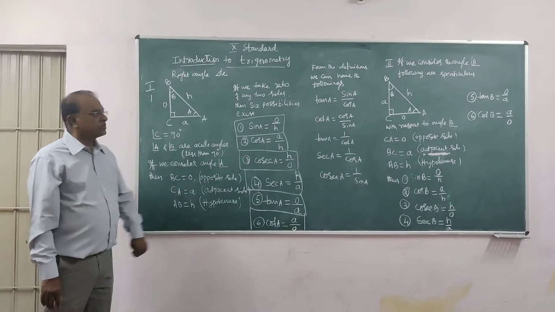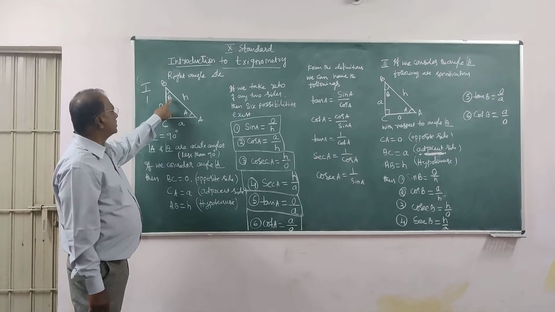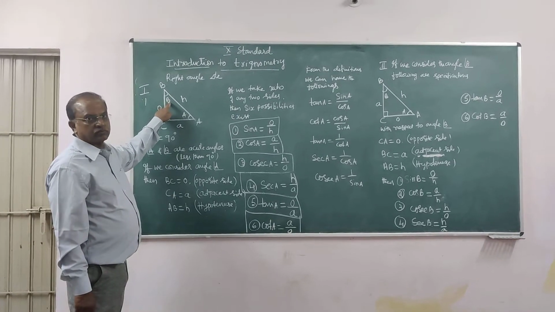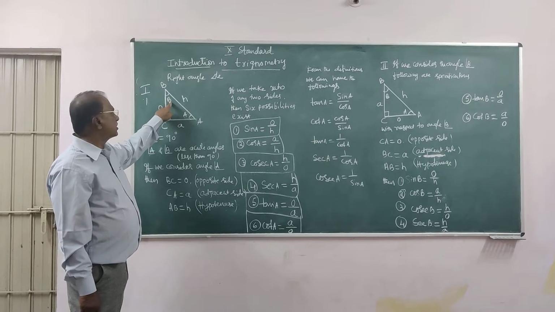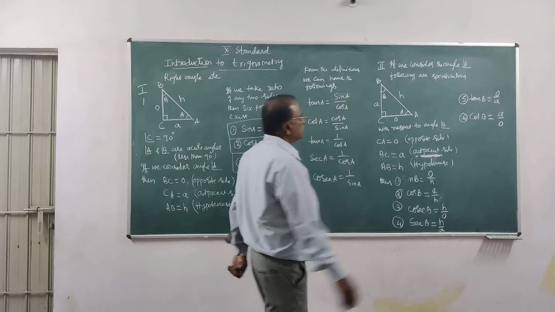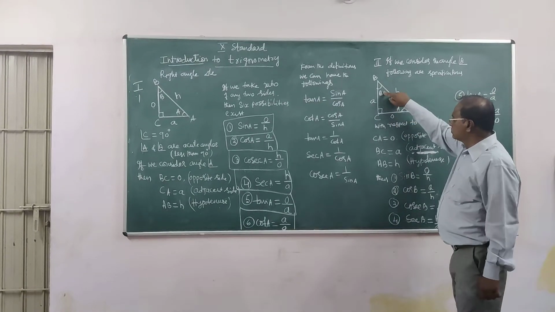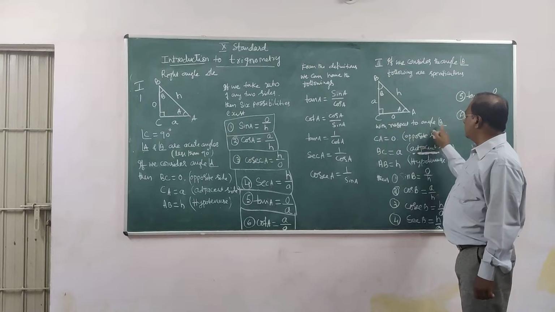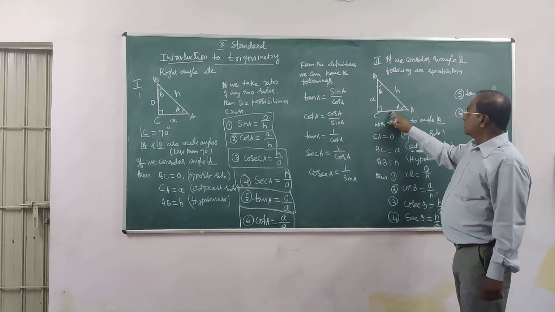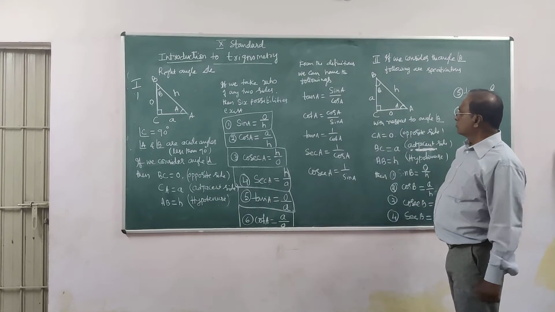There is one more possibility. We can consider this as an angle. If you consider this, any one of the acute angles, then with respect to angle B, the sides take different specifications.